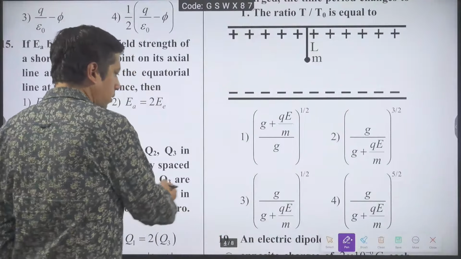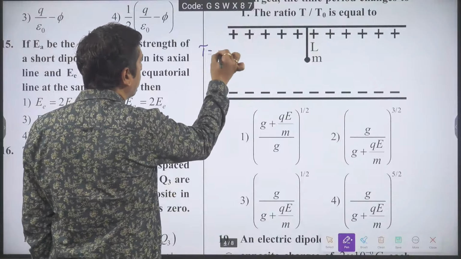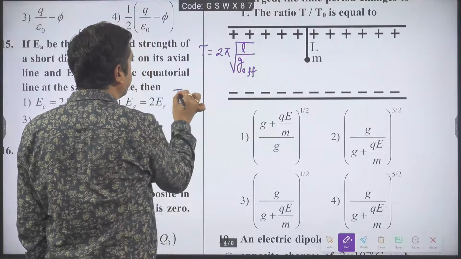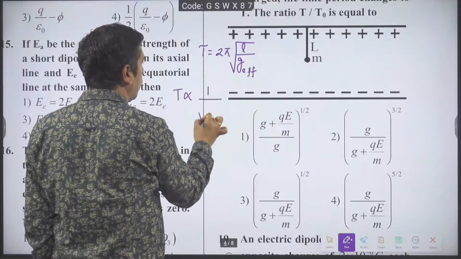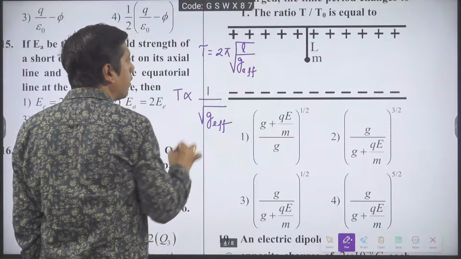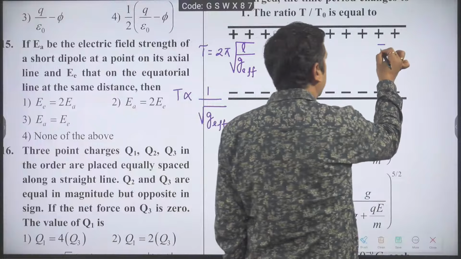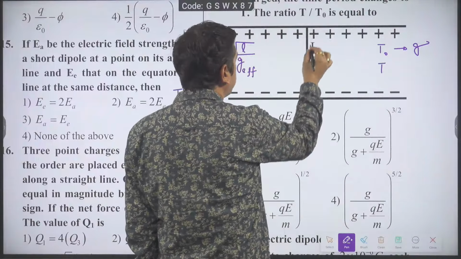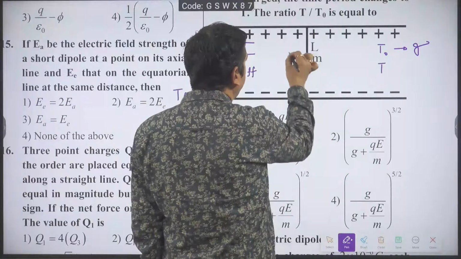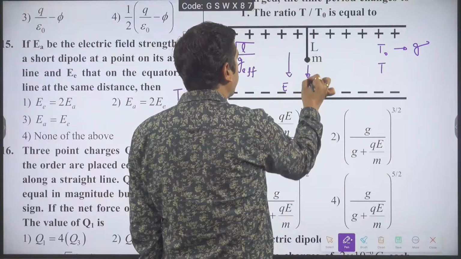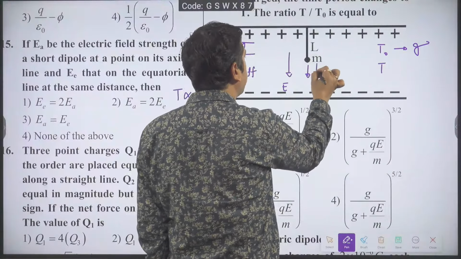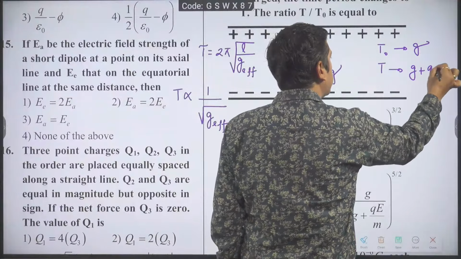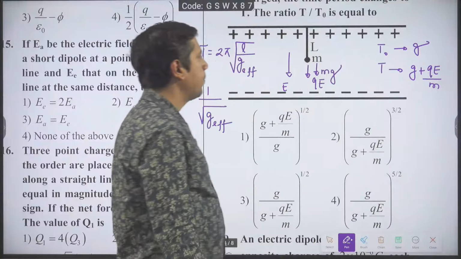Okay, so we know that time period of a simple pendulum is 2 pi under root L by g effective, so we can say T is inversely proportional to root of g effective. In case of T naught, the g effective was g, but in case of T it's a positive charge, then electric field will be positive to negative, so force QE will also be downward, mg will also be downward.